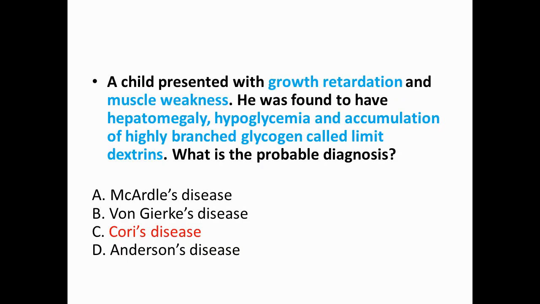So the fourth question was this, that there is a child with growth retardation and muscle weakness with hepatomegaly, hypoglycemia, and accumulation of the dextrins in the glycogen. So remember that the enzyme which breaks down the dextrins, if it doesn't, that means there will be deficiency of that enzyme, and that enzyme is the debranching enzyme. So that means that this disease is Cori's disease.